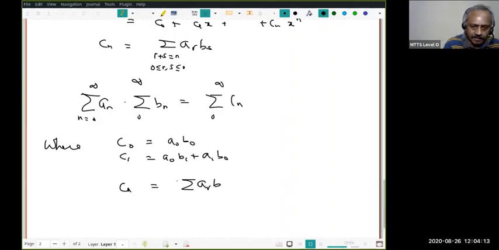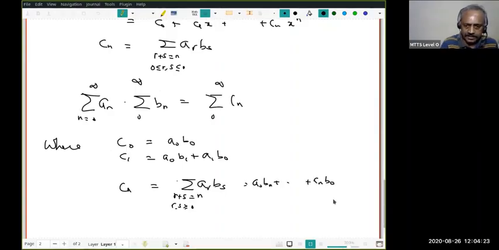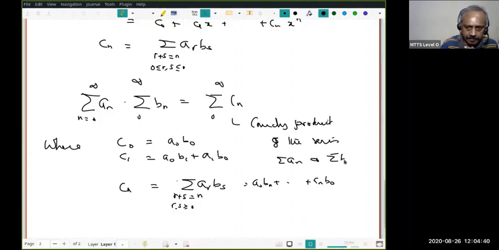The sum of AR BS, R plus S equal to N, of course R and S greater than or equal to 0. Of course, you can write it as A naught Bn plus ... plus An B naught, as I did earlier. Is that clear? This new series is called the Cauchy product of the two series, summation An and summation Bn.